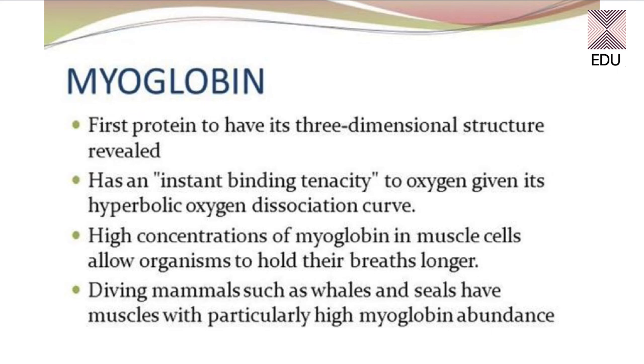Now, there are high concentrations of myoglobin in the muscle cells, and it allows organisms to hold their breath longer. Our muscles have good concentrations of myoglobin, and as myoglobin is efficient, it will take the oxygen first, then hemoglobin will take it to the muscles.